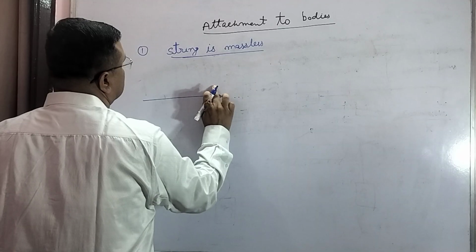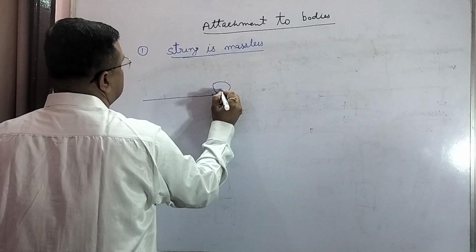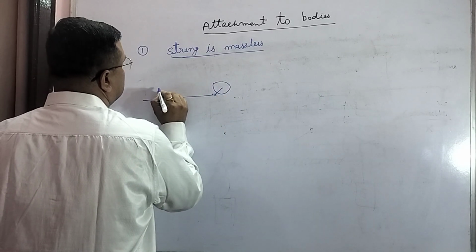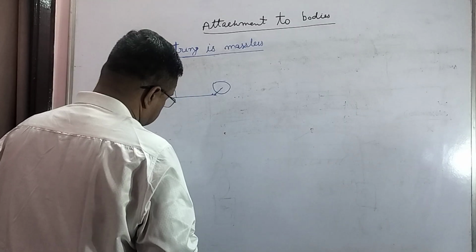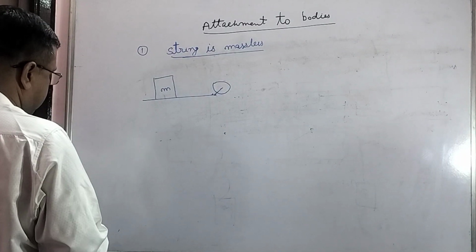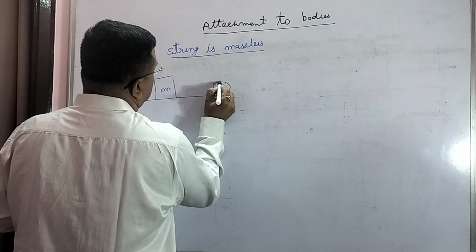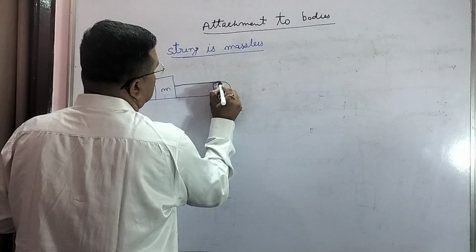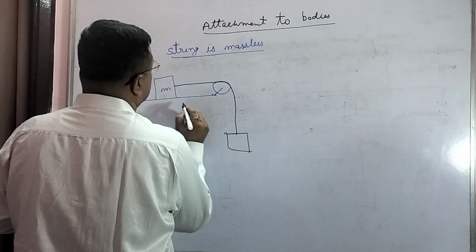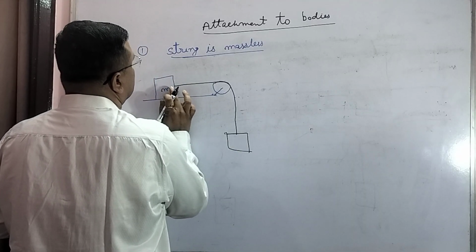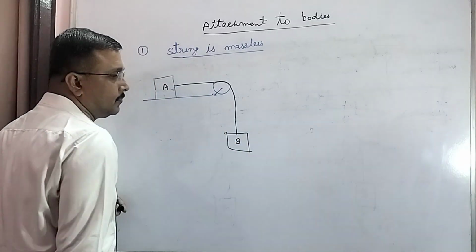Here is a pulley. Here is an object M, and now suppose this is connected with block A and this block B. What happens?